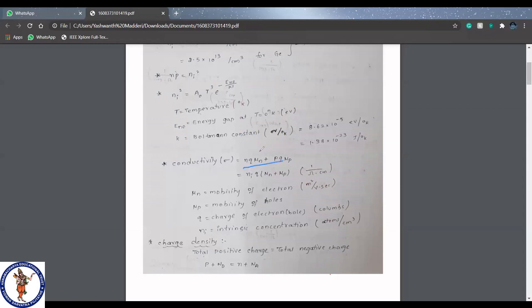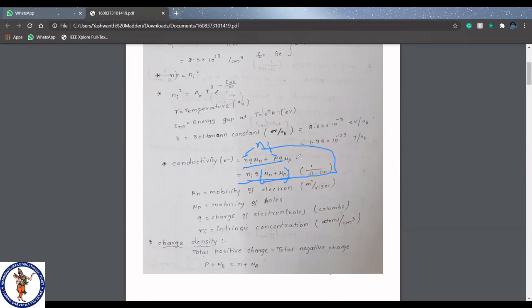By the definition of an intrinsic semiconductor, n and p are equal to the intrinsic concentration, ni. By replacing in the formula, we can take ni and q out, and there is a mobility sum. This is the formula for conductivity in an intrinsic semiconductor.